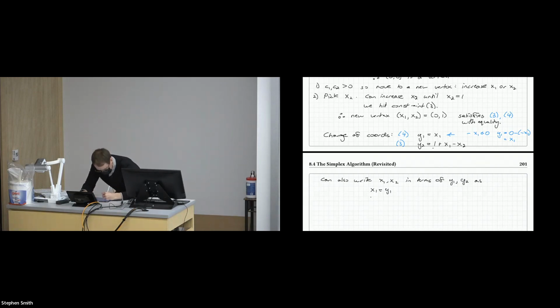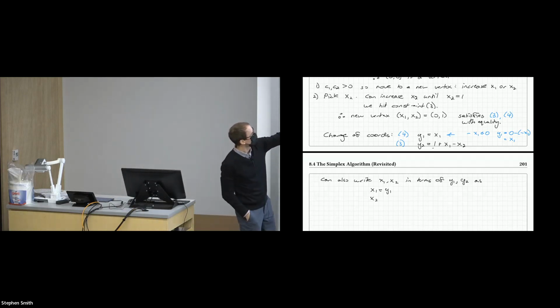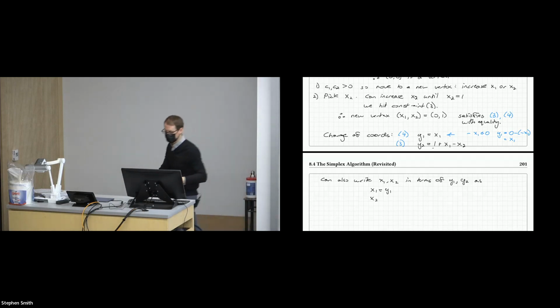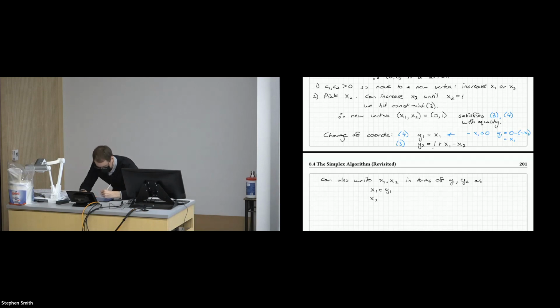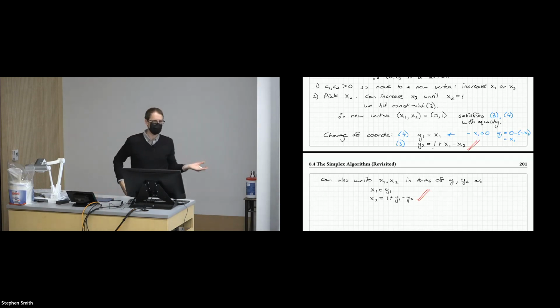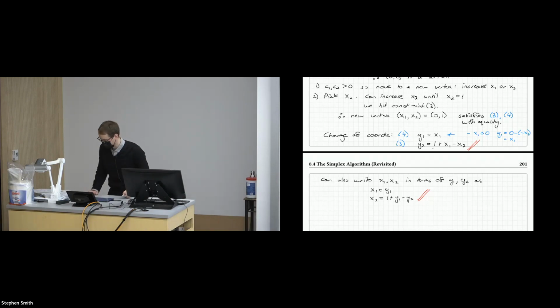Then plugging x1 equals y1 into the equation for y2 and solving for x2, we get that x2 is equal to 1 plus y1 minus y2. So this was my change of coordinates, and this is the definition of my x's in terms of the new coordinates.